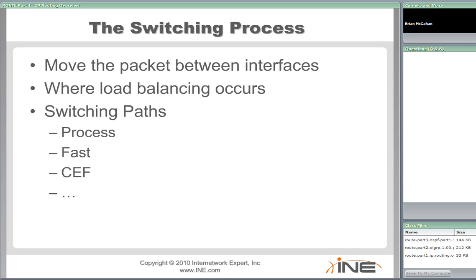Basically what it is, is an optimization of how the data is organized for finding out where the destination is reachable. Now the difference between the other ones, process switching versus fast switching. The first one, process switching, means that for every packet, you have to ask the general purpose CPU where it is supposed to go.